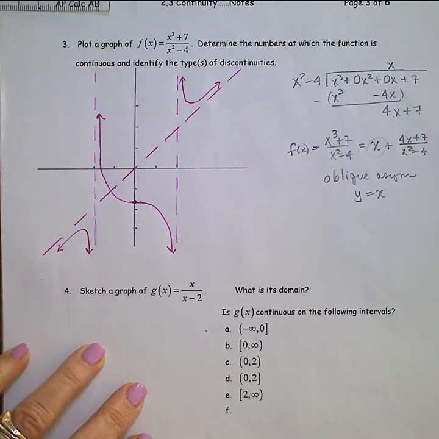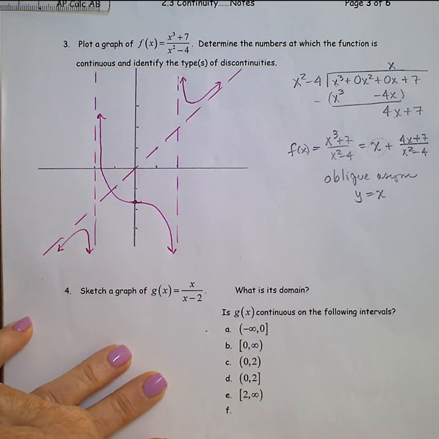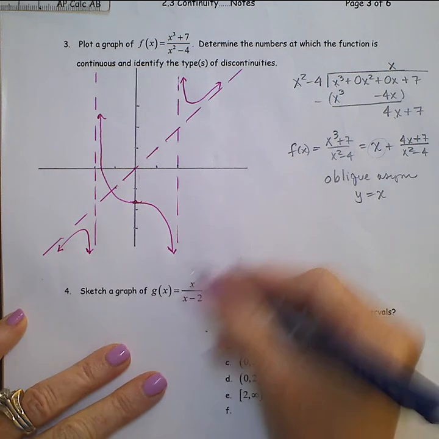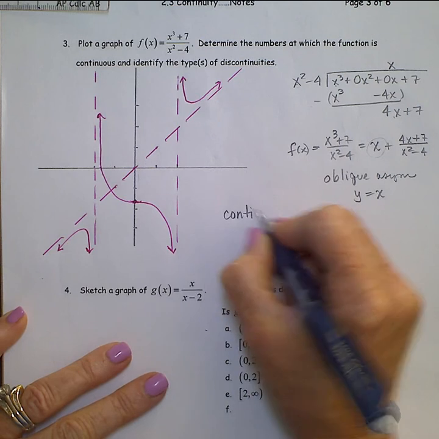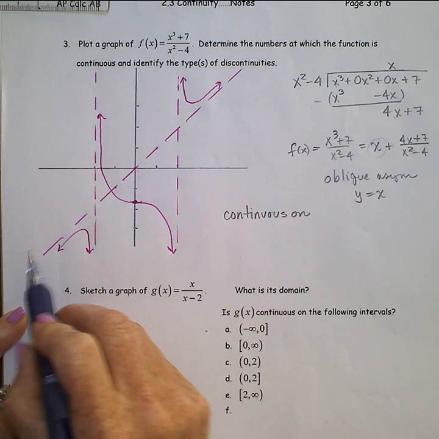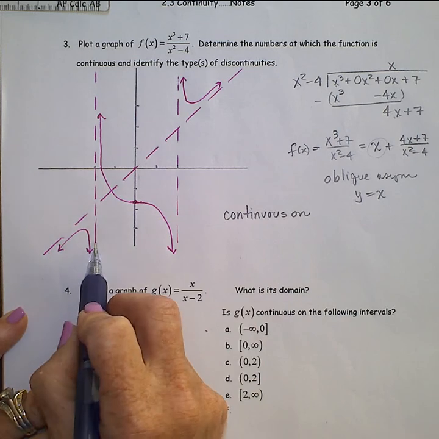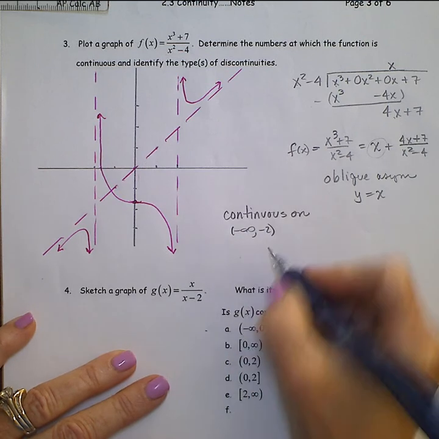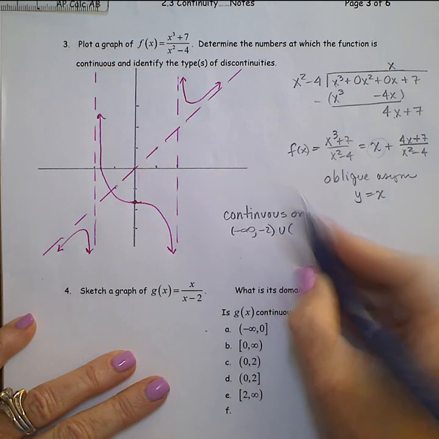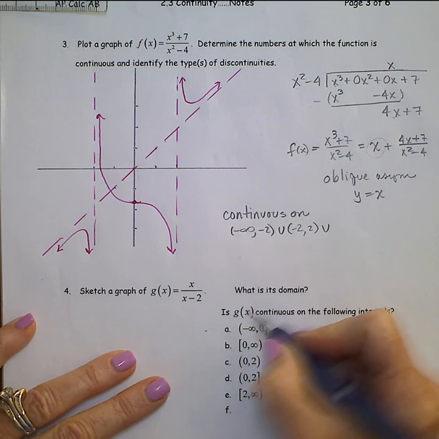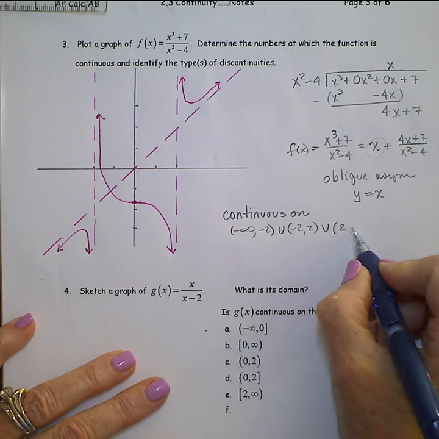This one's a little bit different in terms of the rest of the problem because of the wording that I used. Instead of identifying the discontinuities, we're going to be identifying where the function is continuous. So we would say this function is continuous on the interval from negative infinity up to negative 2, open on both ends, union, also continuous between negative 2 and 2, open on both, and again, continuous from 2 to infinity.